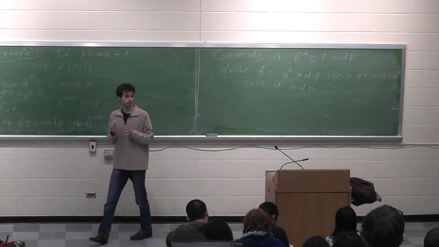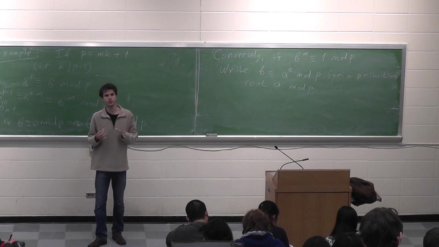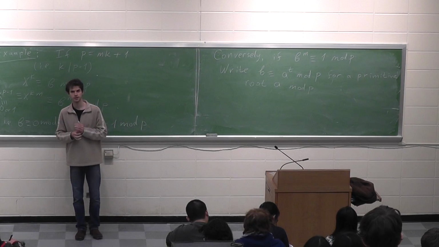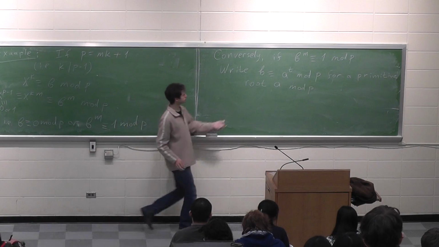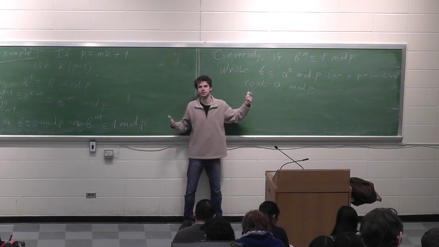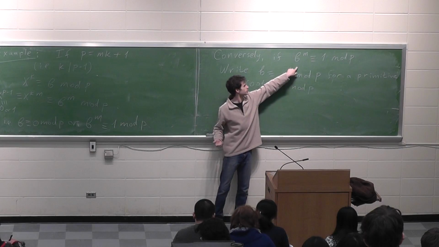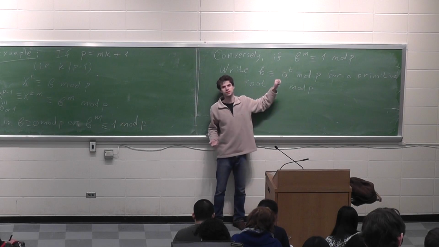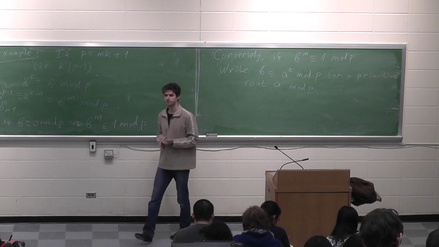So let me take my b and write it as some power of a primitive element. I want to show that b is actually a k-th power of something. So I want to show that this exponent t is actually divisible by k.